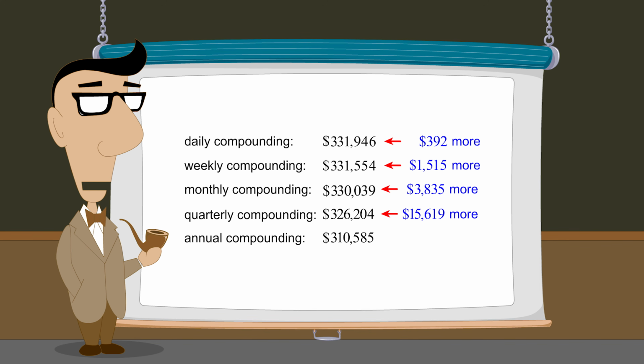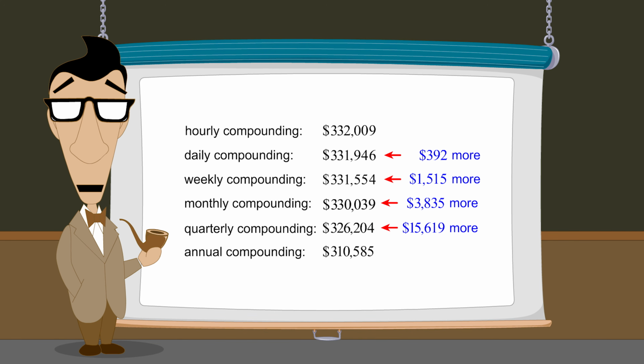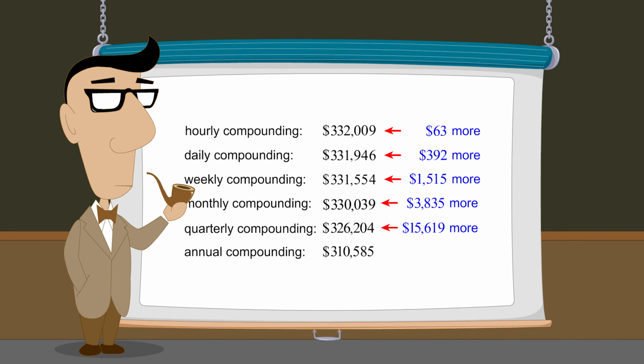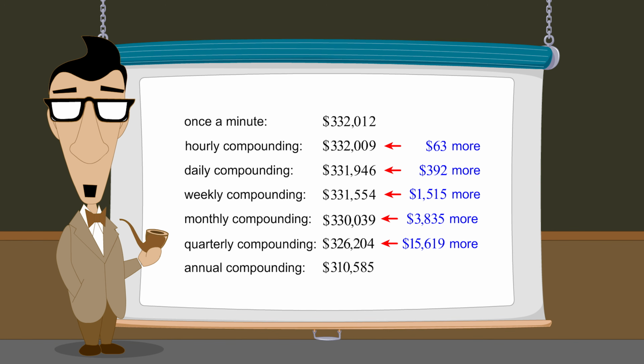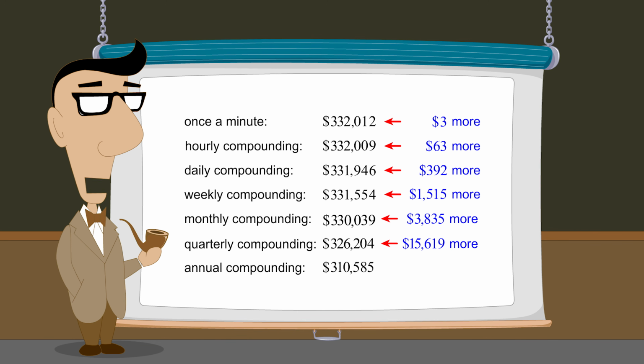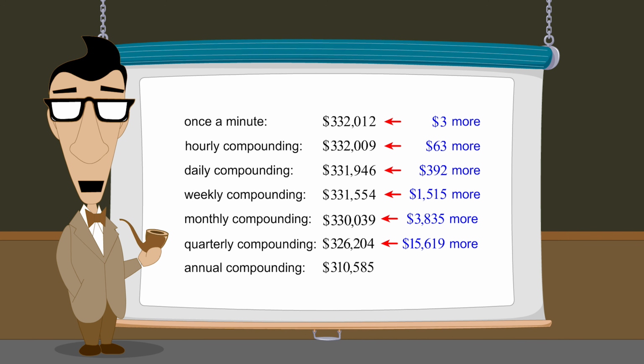Compounding once an hour produces $63 more than compounding daily. And compounding once a minute produces $3 more than compounding hourly. We can see from this that reducing the compounding period, thereby increasing the compounding frequency, increases our investment return, although by smaller and smaller amounts.